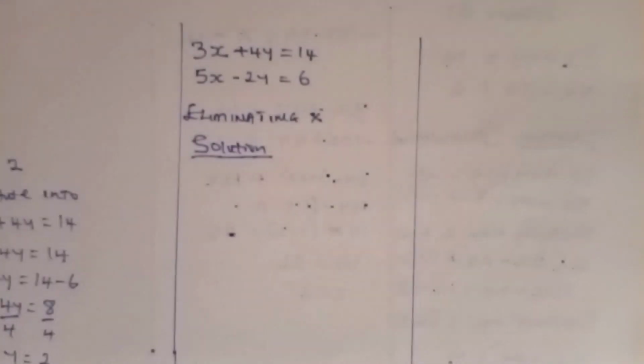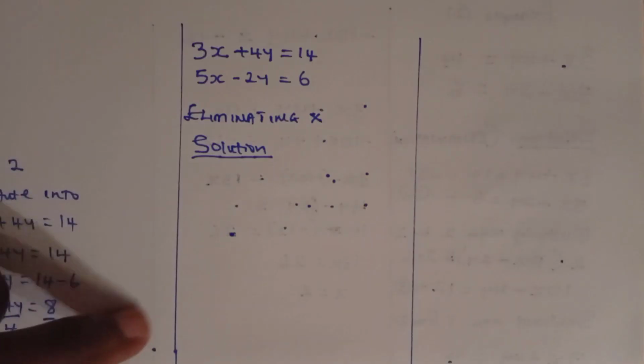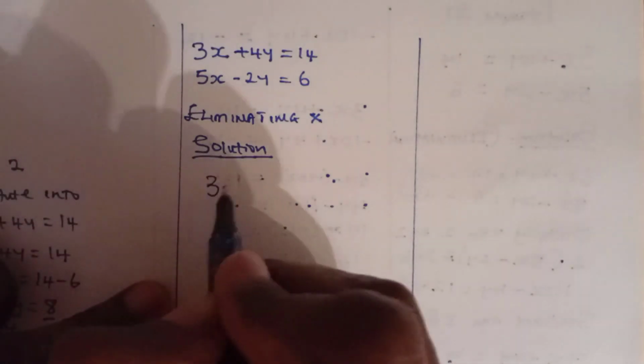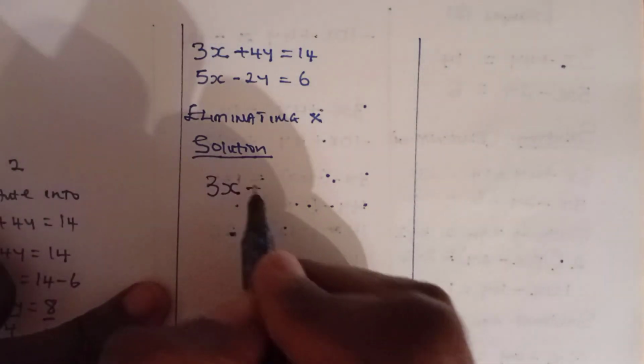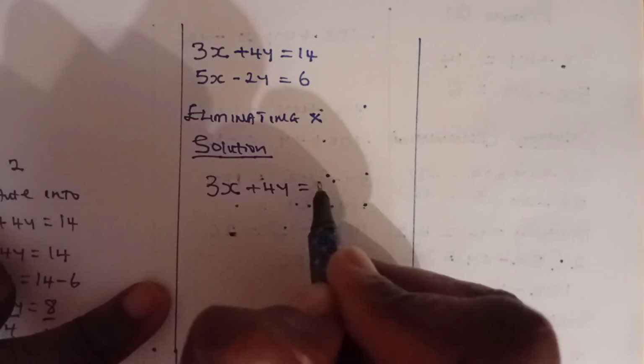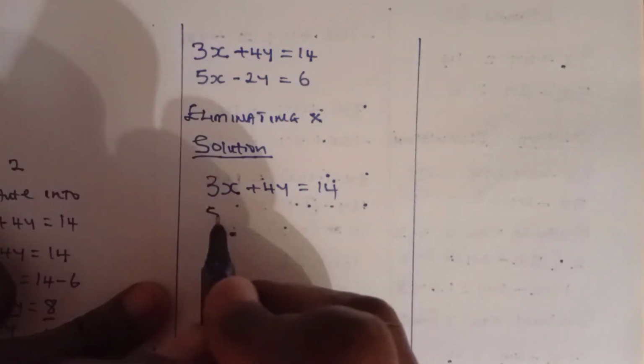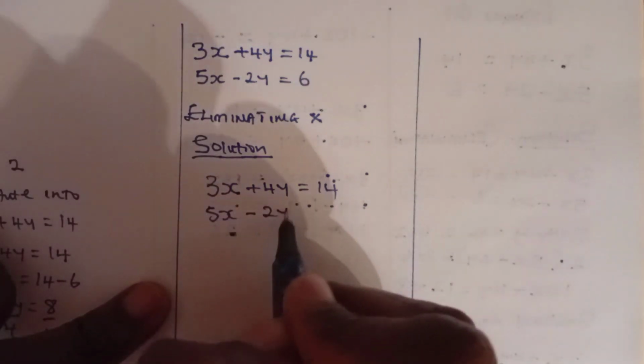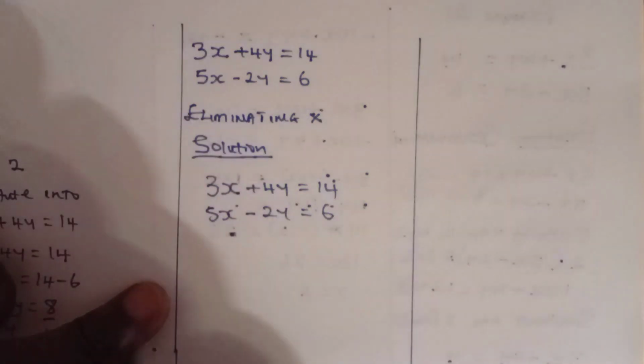So let's see how we can eliminate variable x in this problem. So we have 3x plus 4y equals 14 and 5x minus 2y equals 6.